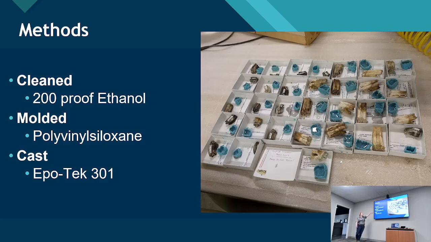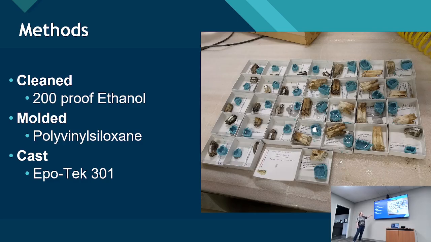I molded them with polyvinyl siloxane, which is a great word to say. How many people have ever had braces? You've probably had this in your mouth. It is a molding material that they take a mold of your teeth to look at your bite or whatever else they're doing. It's a really fast-acting molding material, and it creates a very great mold for capturing that microwear.